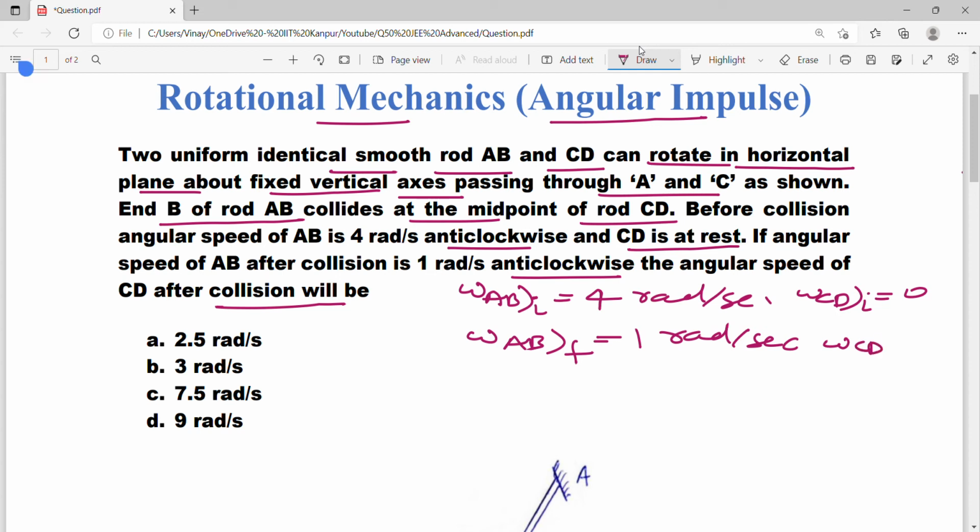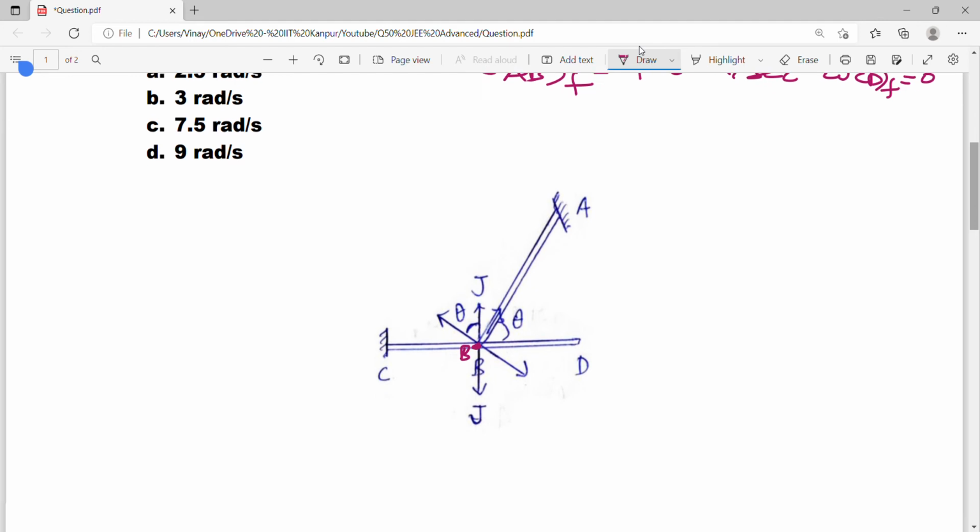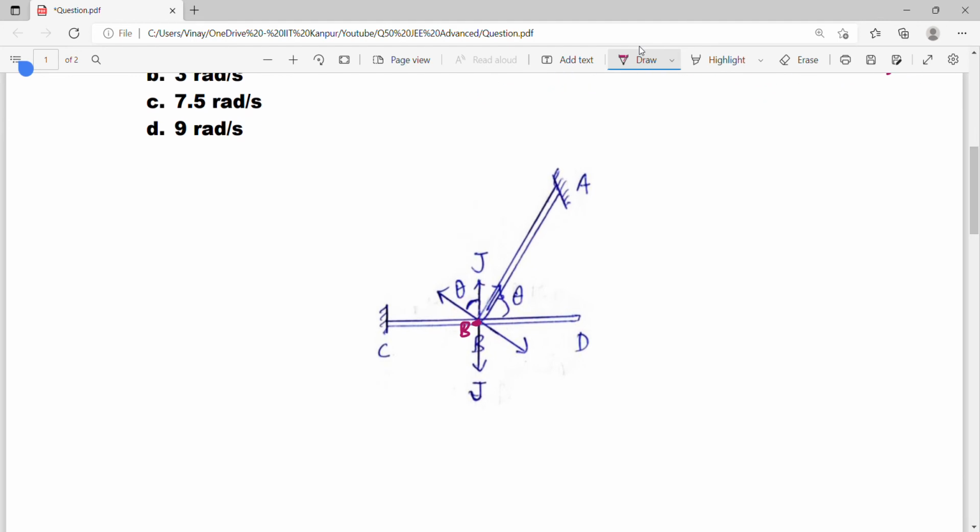First of all, tell me one thing, just pause the video and think why you cannot apply the angular momentum conservation equation. Why? Just pause the video and think about it. Okay, so I'll tell you why. AB and CD are two different systems.